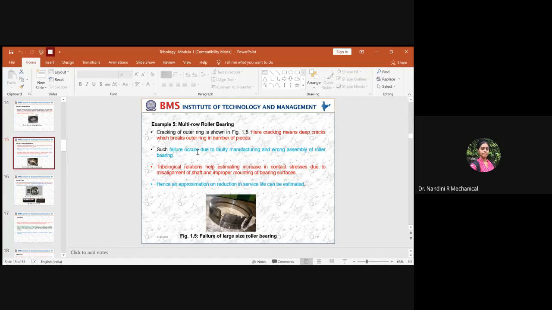This type of failure occurs due to faulty manufacturing and wrong assembly of the roller bearing. If the components are not assembled properly in a roller bearing, and if it is not manufactured properly, or if the material you have used is not able to substantiate the load, even though the design is good, or if you have done a wrong design and manufactured also, this type of failure occurs.